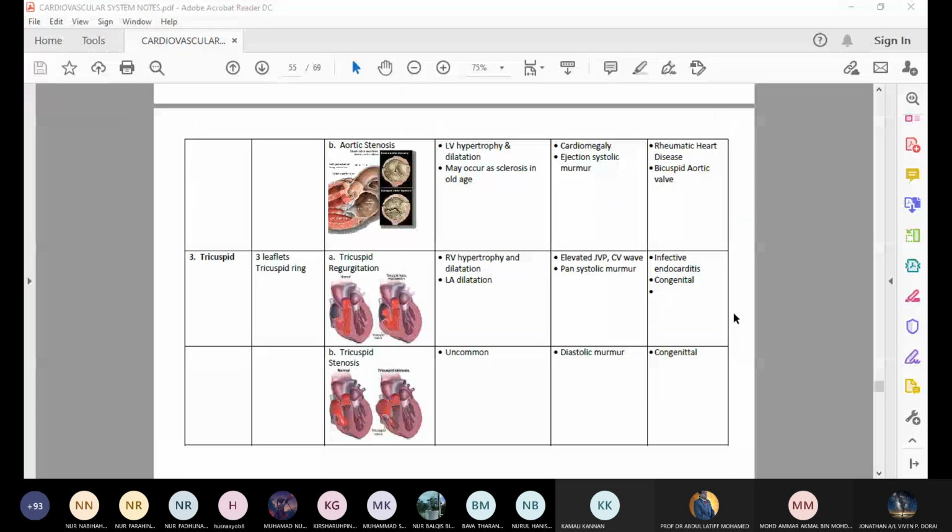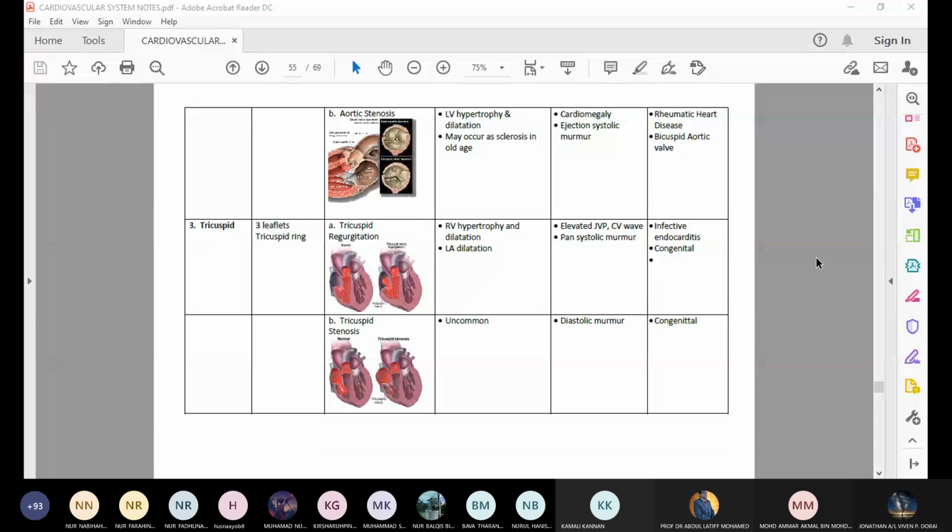Okay. What happens in aortic stenosis? The left ventricle has to work harder to pump blood outside the heart. Okay. The left ventricle is hypertrophied and dilated. Okay. And then eventually you will have left ventricular failure.